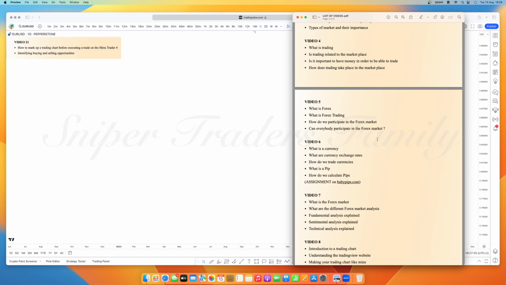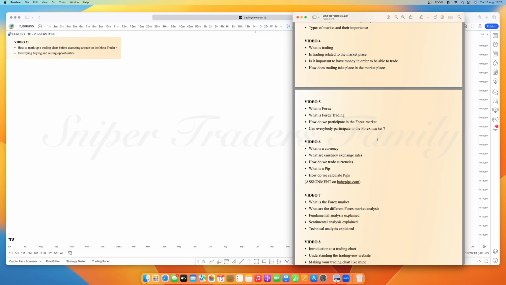And then technical analysis, like I said, is a study of past price action in order to predict what is going to happen in the future. So in order for you to be a good technical analyst, one of the most important tools you should have is being able to read the chart. And I would say having a TradingView account. That's it. You need to have a TradingView account.